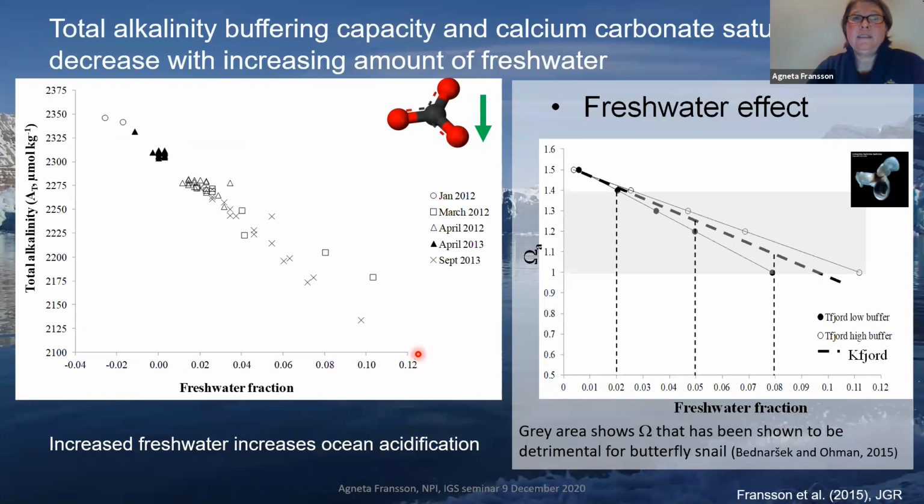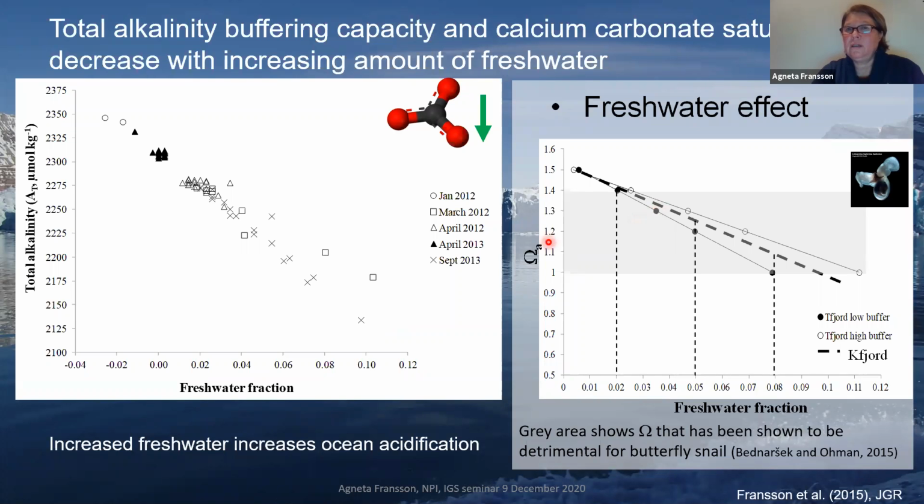The total alkalinity, buffering capacity, and calcium carbonate saturation decrease with increasing amount of fresh water. And these figures illustrate the total alkalinity on the y-axis and the freshwater fraction, and how the total alkalinity decreases with increased freshwater fraction. And that's for the whole year, from January to September, we have this decrease in alkalinity with the freshwater fraction.